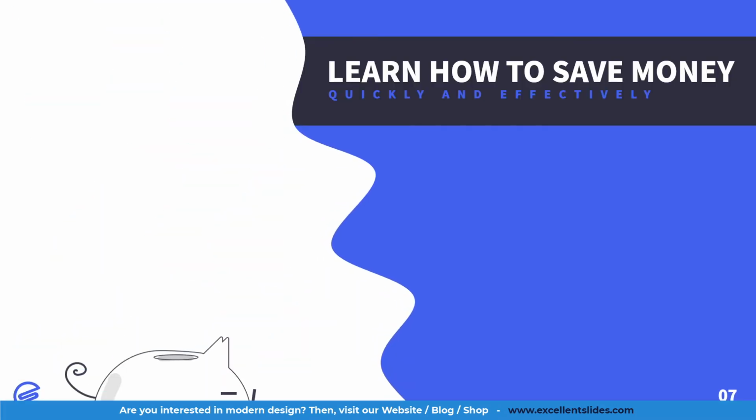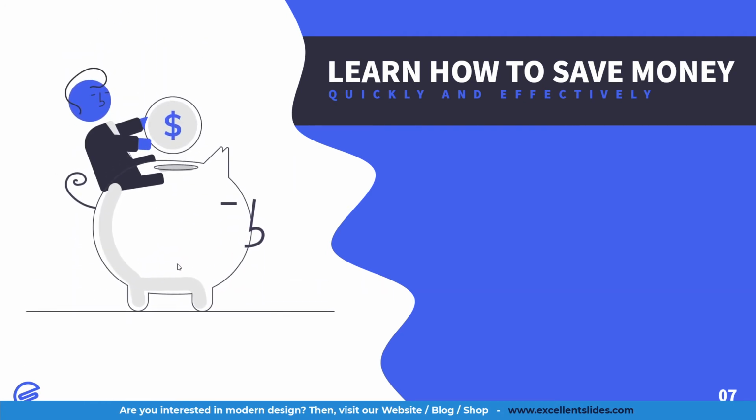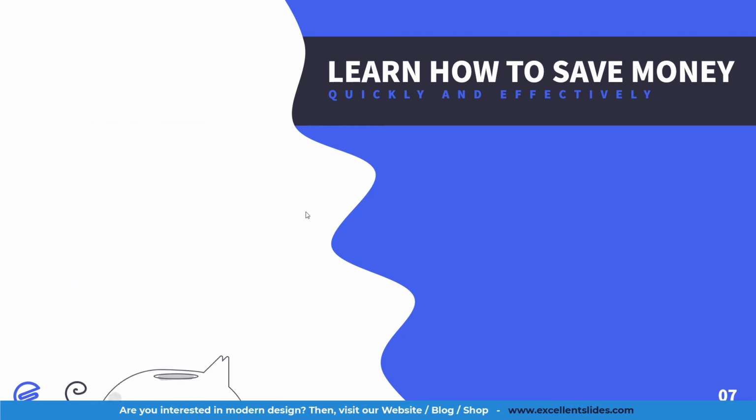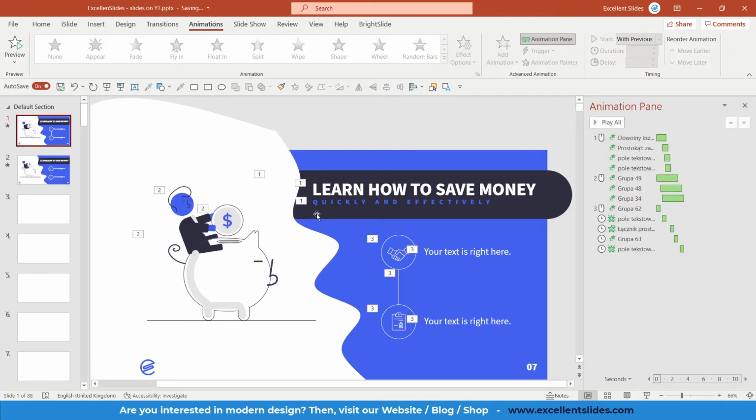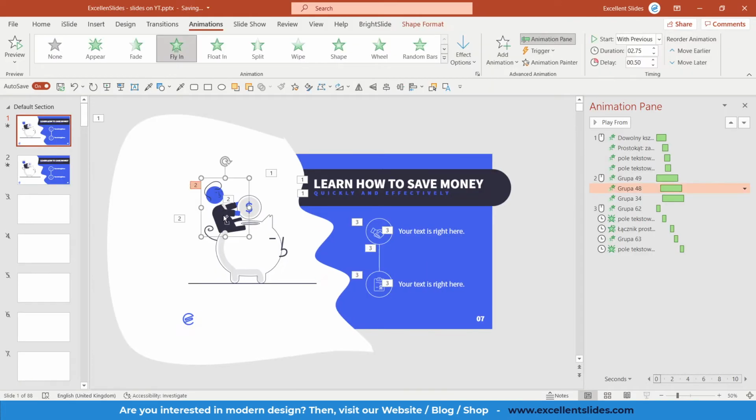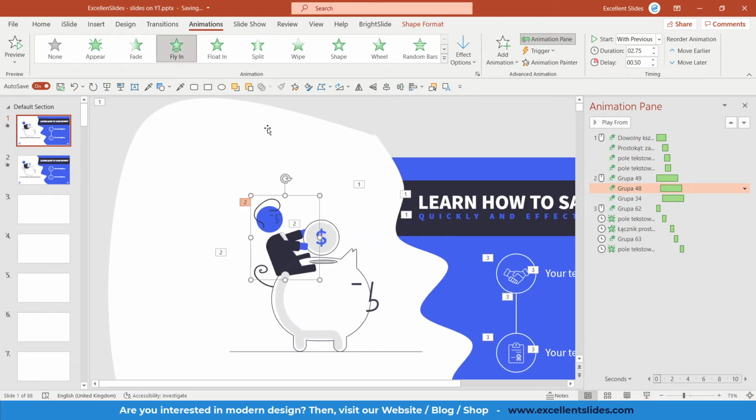The next animations that we will add are animations to this illustration, as you can see. And I think they are also really cool. As you can see, I have added fly in animation, but also with bounce end.